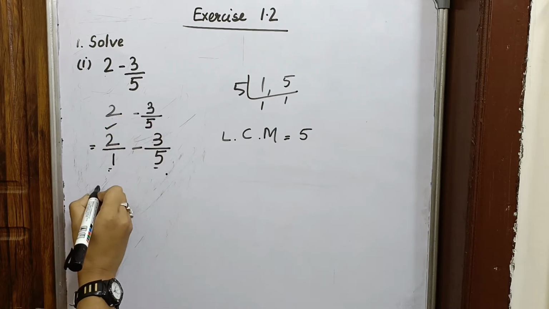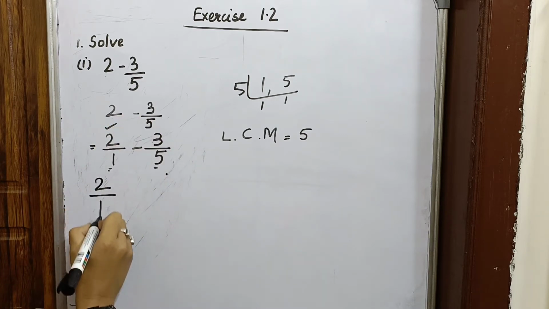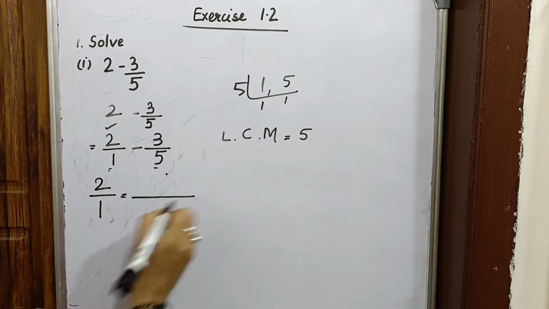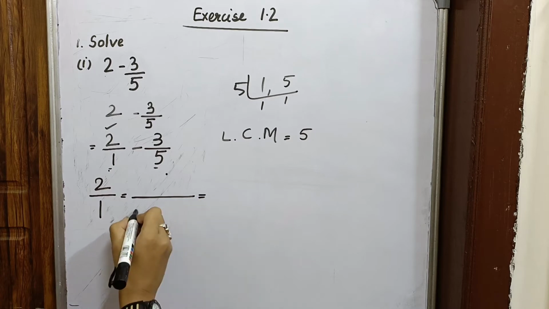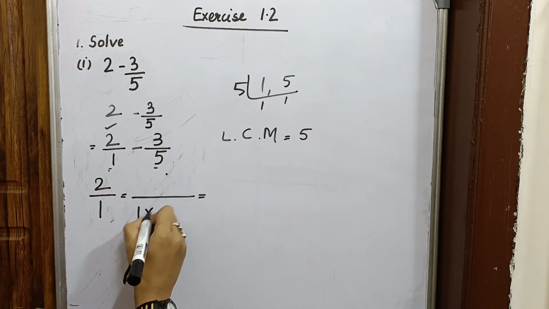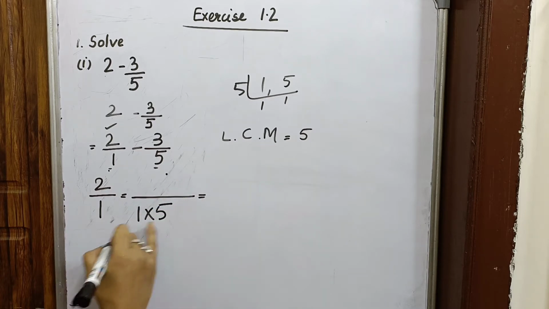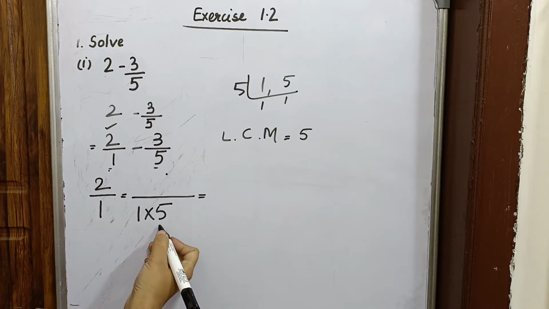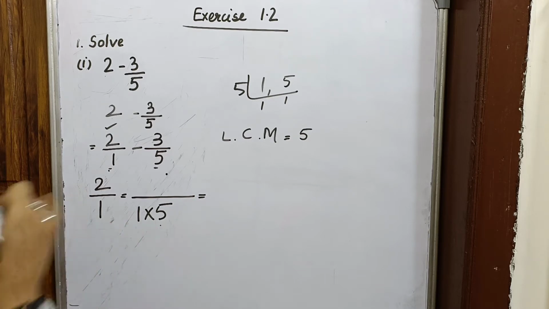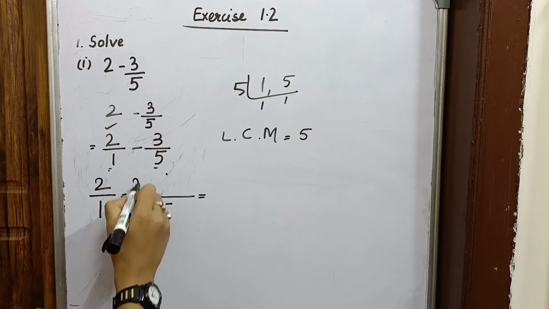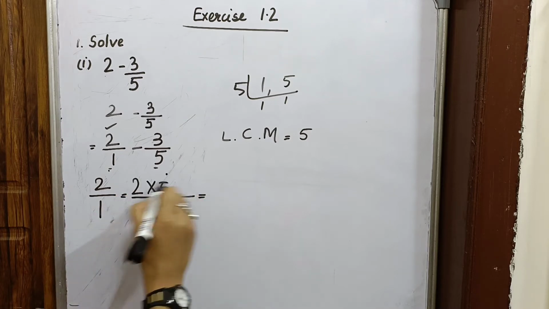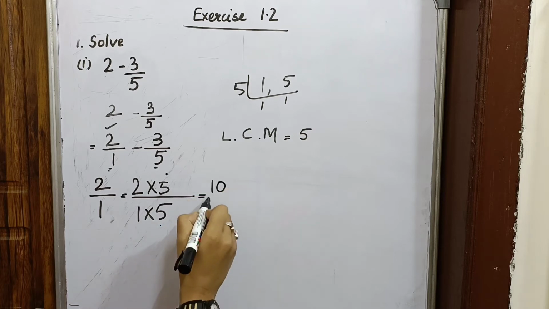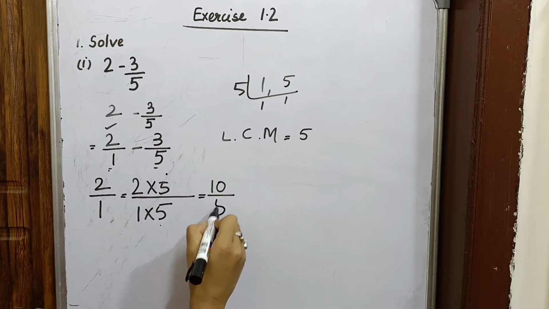Now, because the denominators are not the same, we'll make them the same. First for this fraction, 2 by 1 equals, the denominator has to be 5. So 1 into how much is 5? 1 into 5. If the denominator is multiplied by 5, the numerator also has to be multiplied by 5. So it is 2 into 5 over 1 into 5, which is 10 by 5.